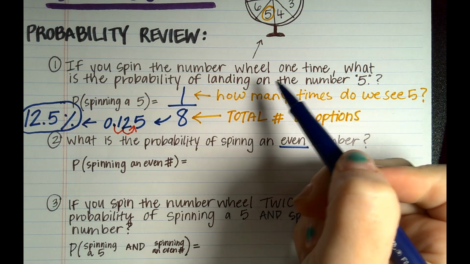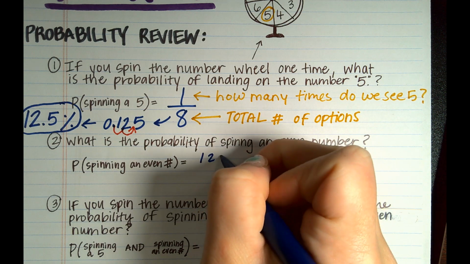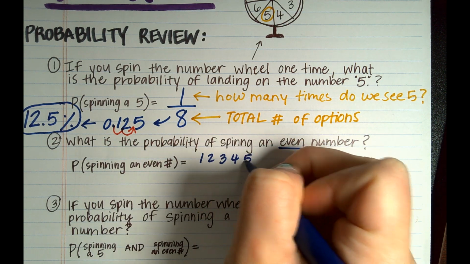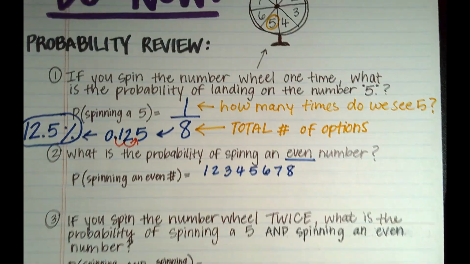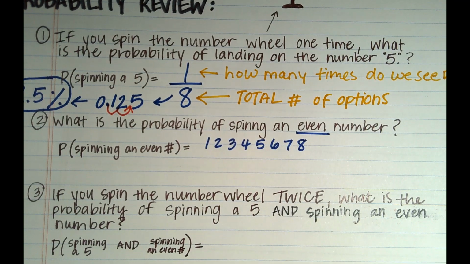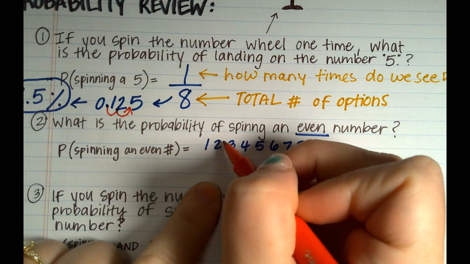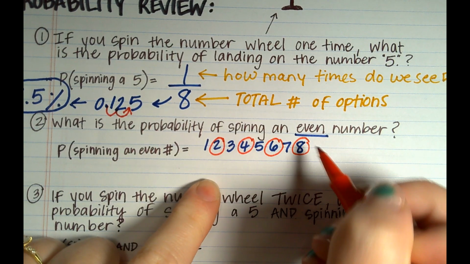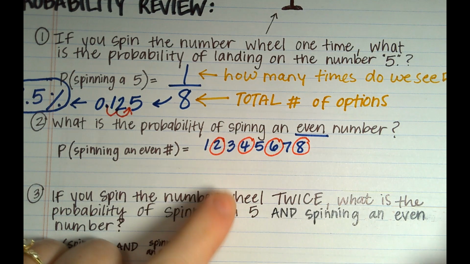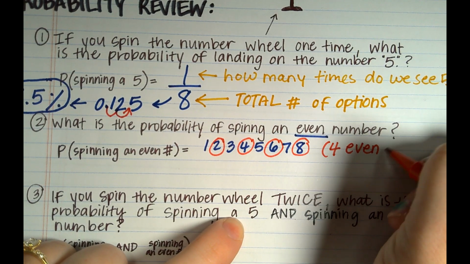So if I have all of these numbers, I've got 1, 2, 3, 4, 5, 6, 7, 8. How many of these are even? 4. I have 2, 4, 6, and 8. These are all even numbers. So there's 4 evens.